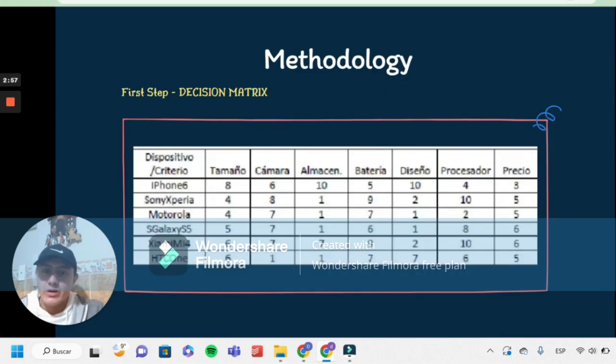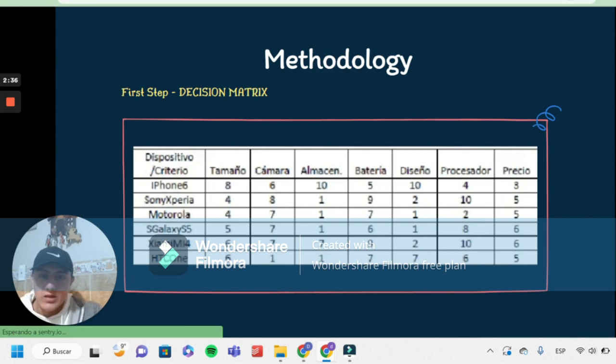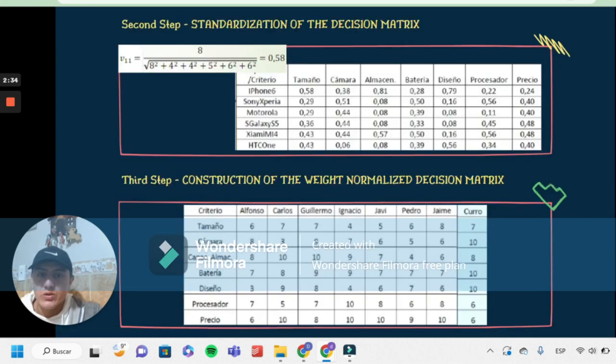So first, we're going to have the decision matrix. In this case, we have the different criteria and the different kinds of phones, and the punctuation that we have from each person. Then we are going to do the standardization of the decision matrix.